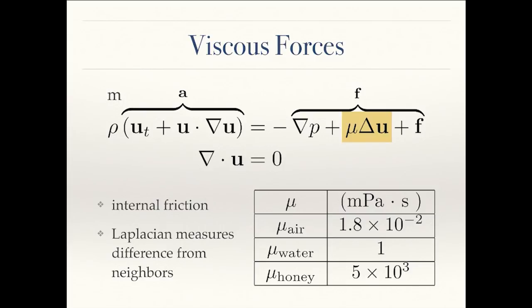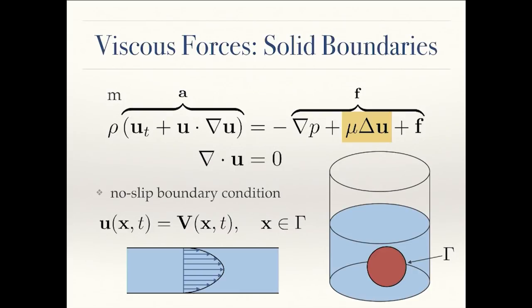Intuitively, we can think of the Laplacian as measuring the difference of a function from the average value of its neighbors. And so the larger that difference is, the higher this viscous force will be to penalize that difference from neighbors, to try to make everything flow at the same rate. Or speed, sorry.